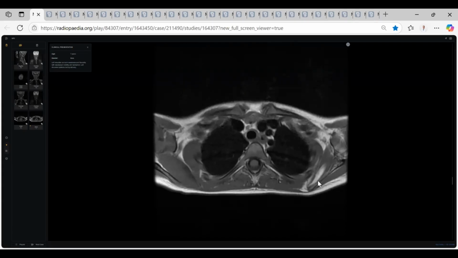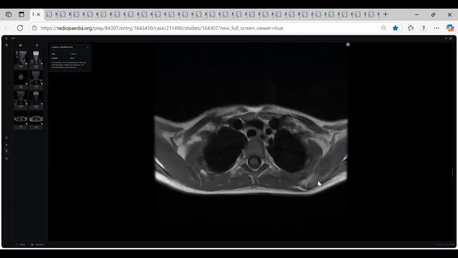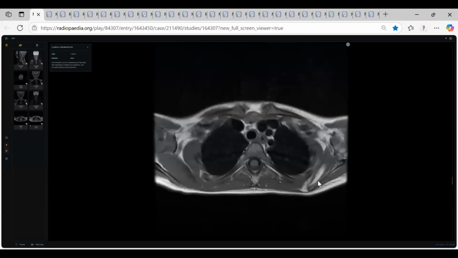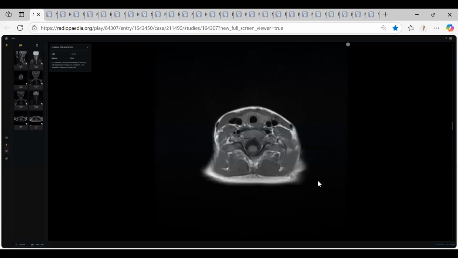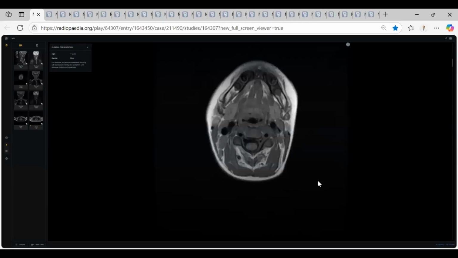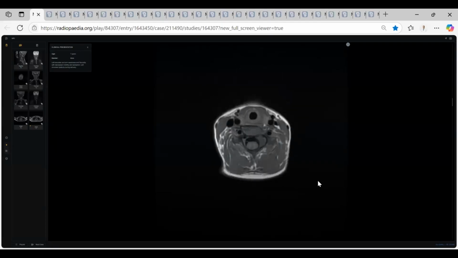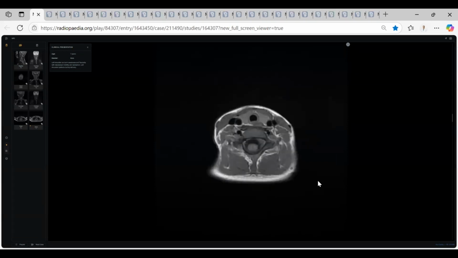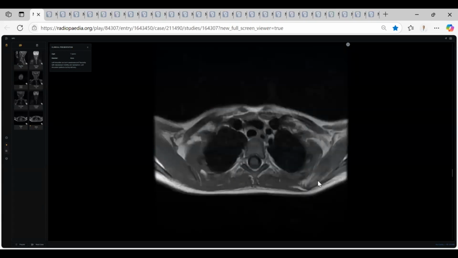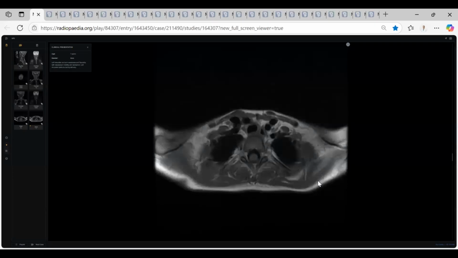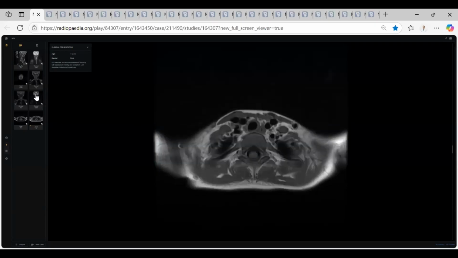By the way, the case is not easy, frankly, but you did very well. I can tell that the patient has multi-level left-sided cervical pseudomeningoceles, and the patient has a birth trauma.